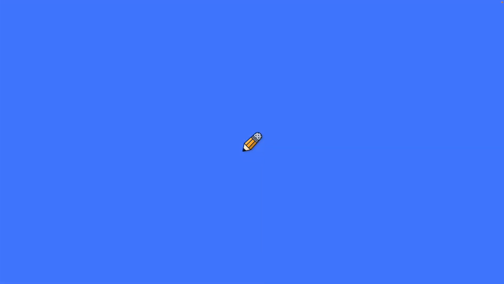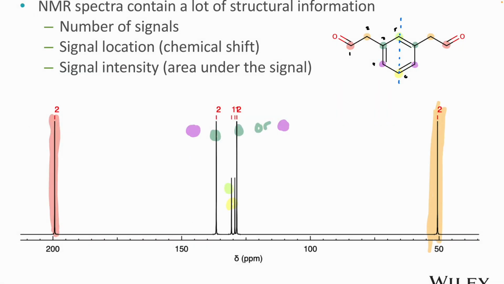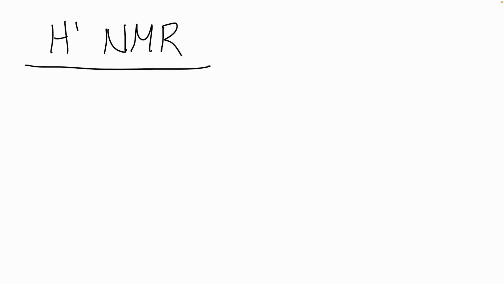All right, so now we're going to introduce, we talked about C13 NMR. The other one is what's called H1 NMR. Exact same principle, but now we're looking at groups of chemically distinct hydrogens.